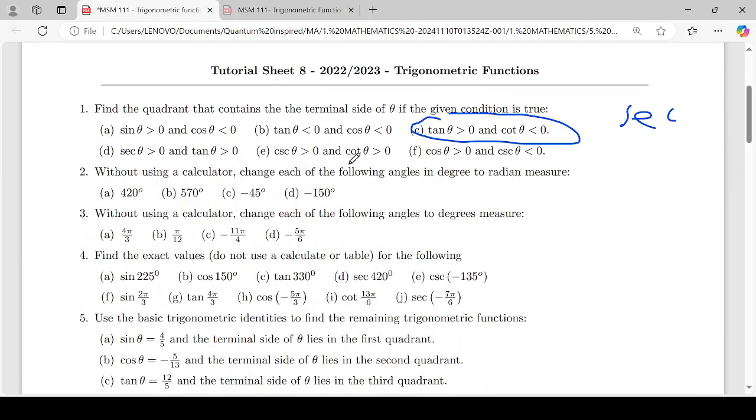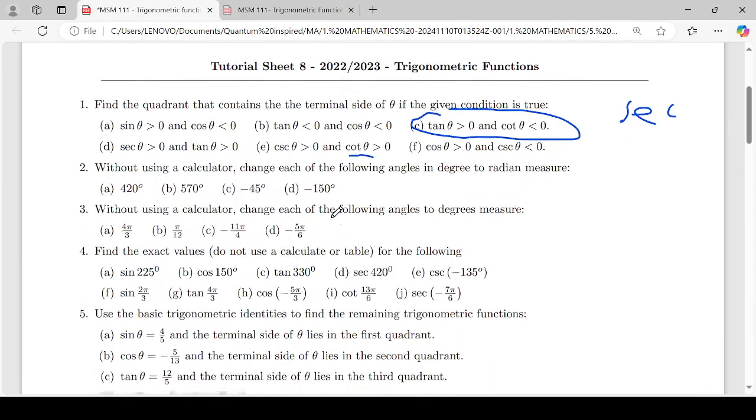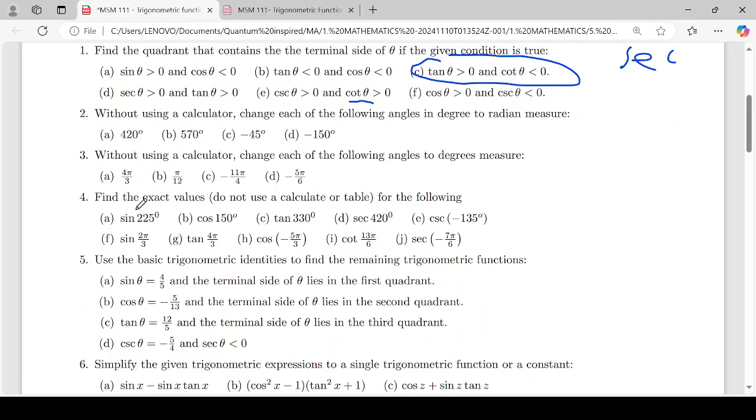So we're going to answer the whole lot of these questions, and that's when we're going to answer them, in the fourth lesson.